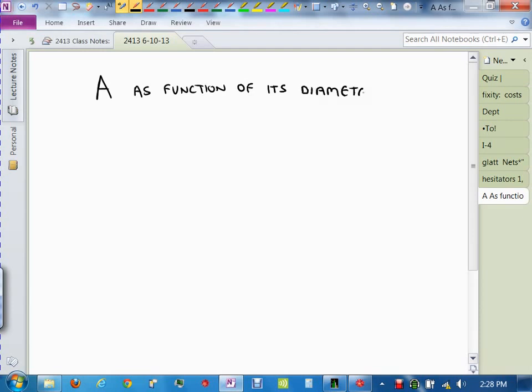What does that mean? Wrong class? Oh, man. Would have been fun. All right. What does this mean? Area as a function of its diameter.